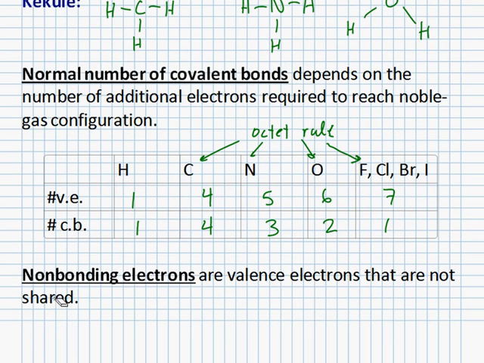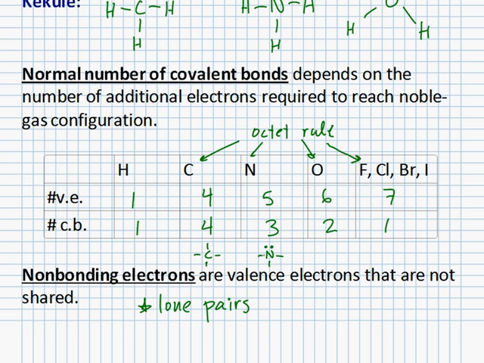Those non-bonding electrons are the valence electrons that are not shared. I'm going to typically call them lone pairs. So get used to that kind of terminology, but your book may at times call them non-bonding electrons. Right? So be familiar with these general bonding structures, with carbon making 4, with nitrogen making 3. And think about this. If nitrogen makes 3, it has to have a lone pair on it in order for it to have an octet.